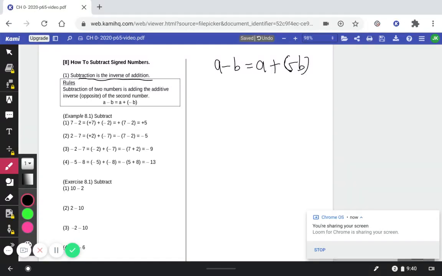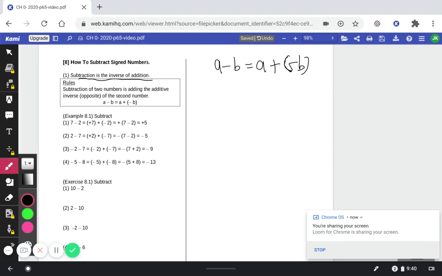So once we translate subtraction into addition, what's the beauty of that? You can apply addition rules, because we learned the addition rules of signed numbers.